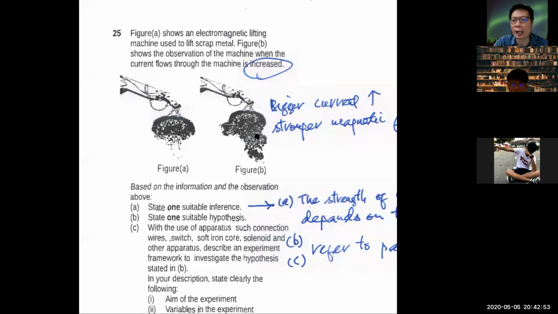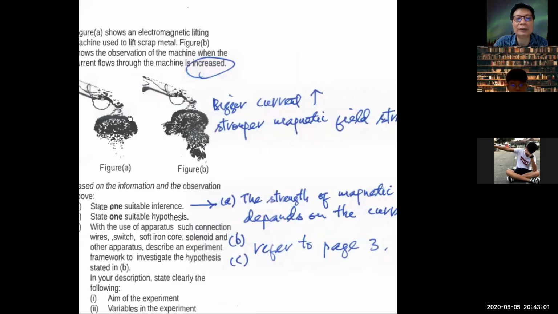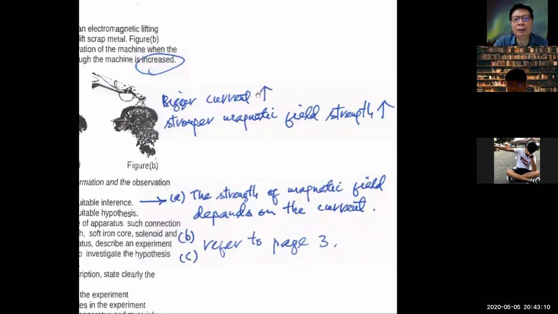This diagram shows the relationship between what? When the current is bigger, you see a stronger magnetic field strength. Bigger current shows stronger magnetic field strength.